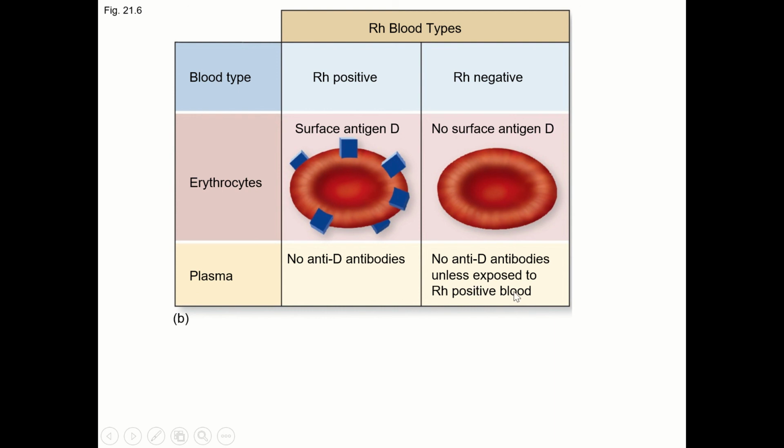That could happen, I guess, during a transfusion, although they do test for that. More commonly, that happens during pregnancy because the blood plasma of the mother travels through the placenta and exchanges materials with the plasma of the fetus.